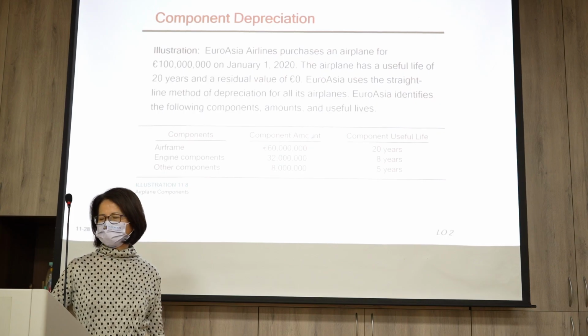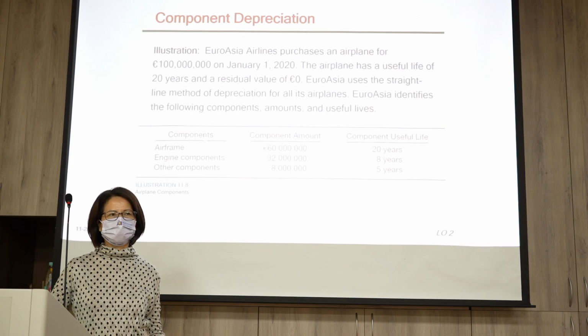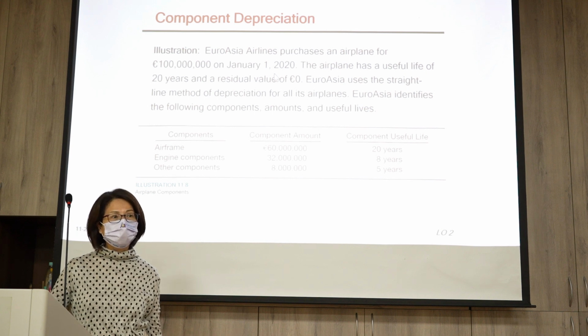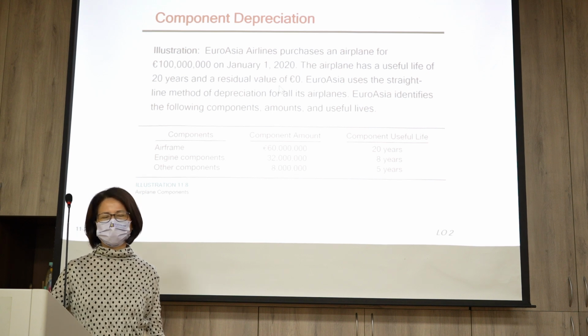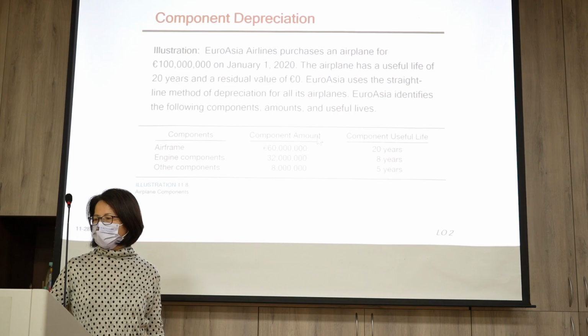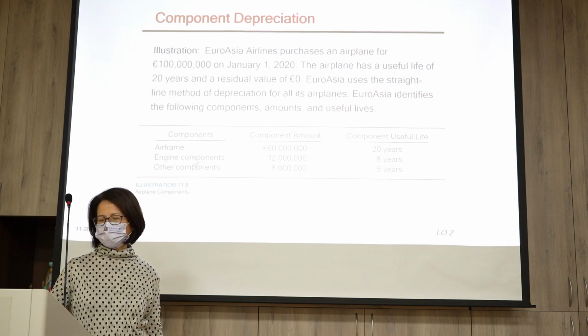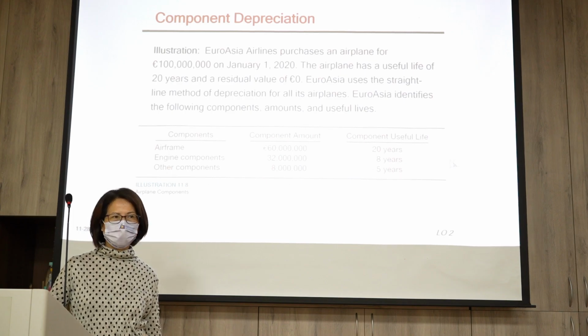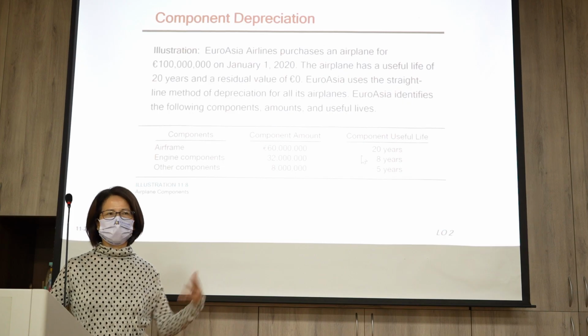If it is all the same, you don't do the component, and you just take this 100 million minus the residual value and divide it by the useful life. But if there are major components with different useful lives, as in this table, then you do them separately.